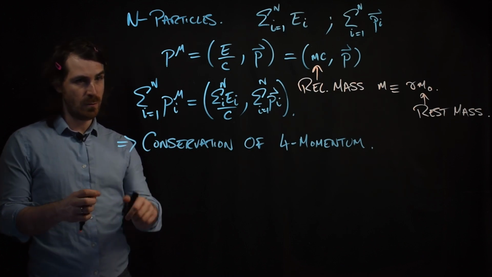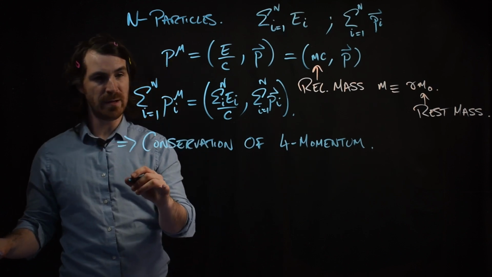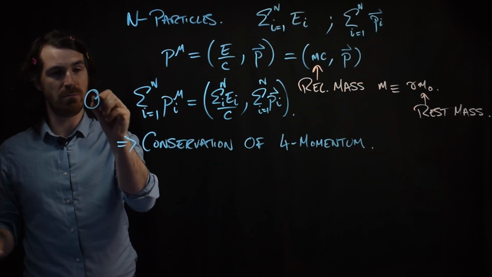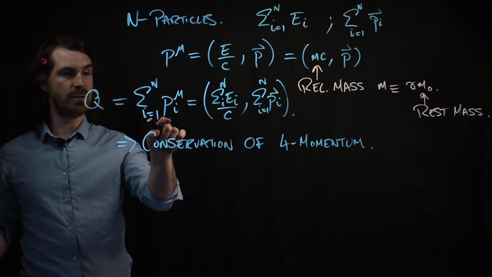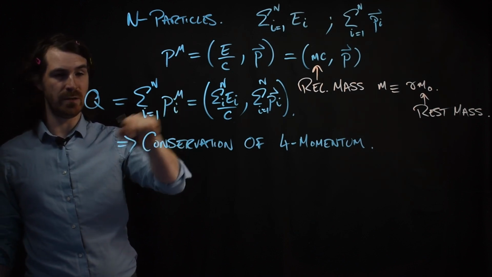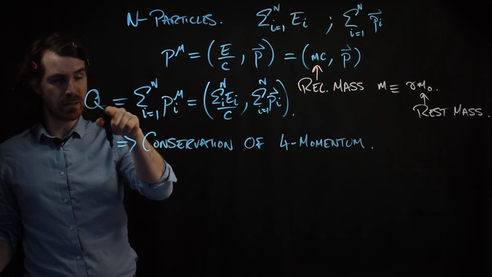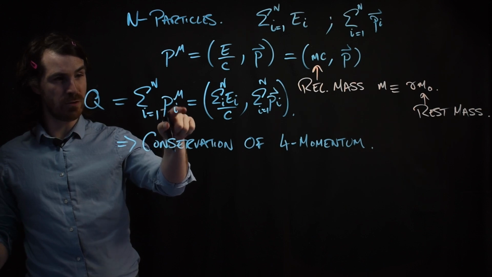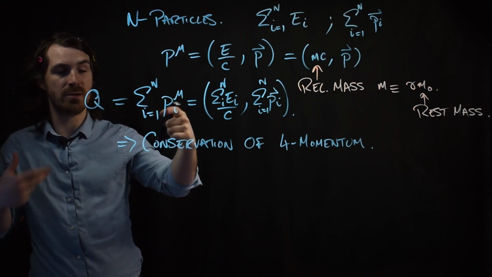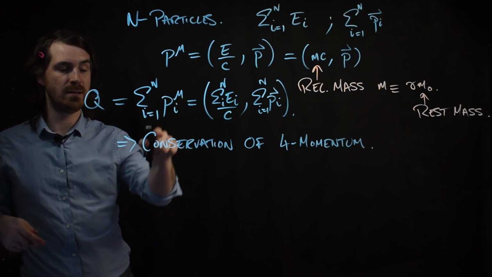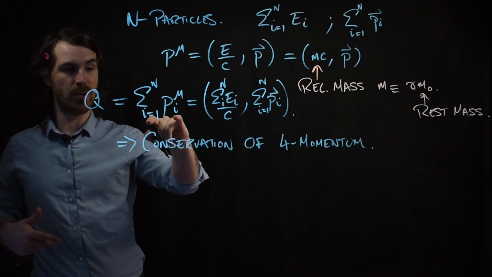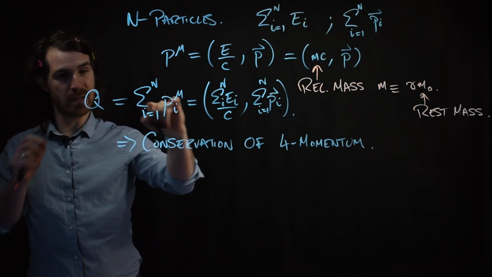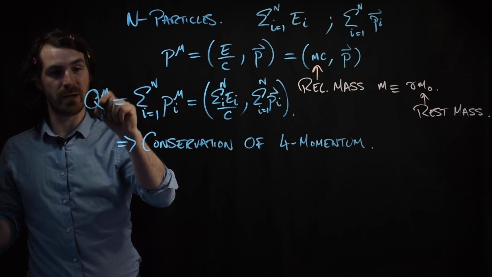Okay, so we can write the total 4 momentum, let's call it Q, and it equals the sum of all the 4 momenta of the individual particles. And it's a 4-vector. So we sum over i, which just labels the particles, it's not a coordinate index, it's just a label of our particle number, but mu is a space-time index, so we need mu on both sides.